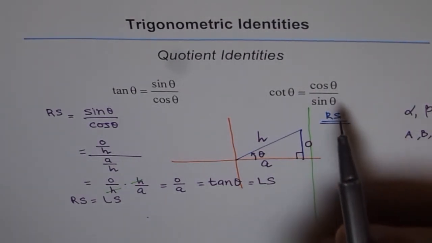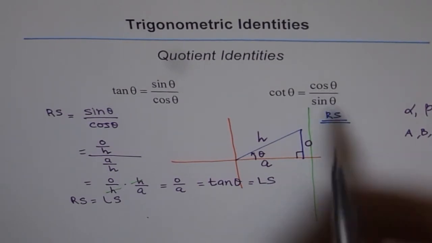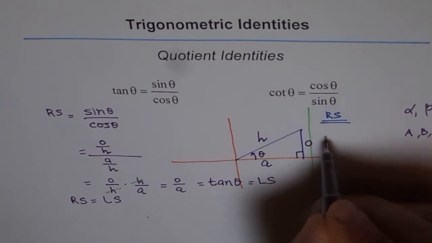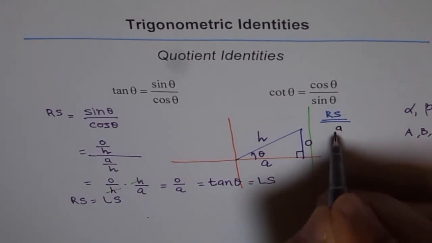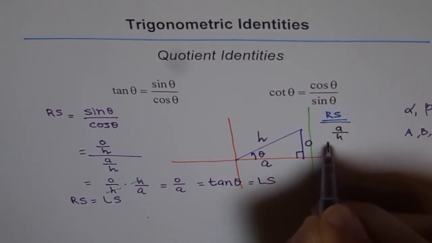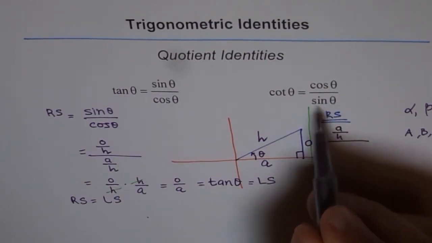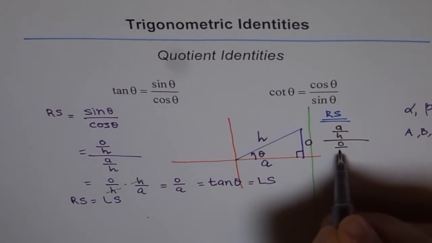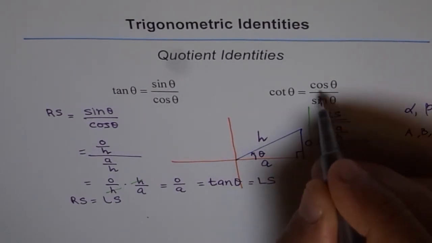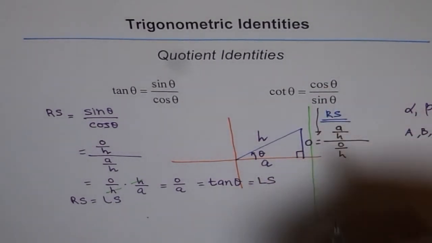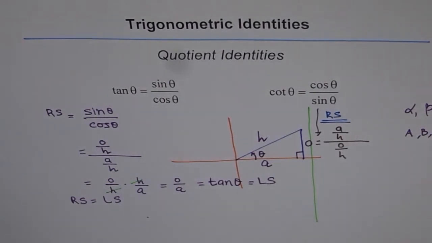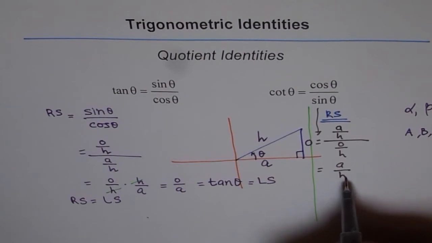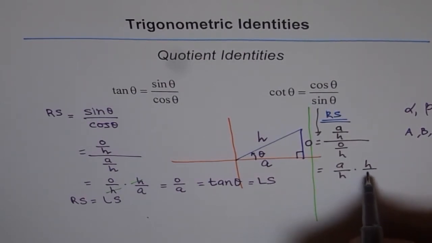Right side is cos theta divided by sine theta. Cos theta is adjacent over hypotenuse, so I have adjacent over hypotenuse divided by sine theta, and sine theta is opposite over hypotenuse. Now I can write adjacent over hypotenuse times hypotenuse over opposite side.